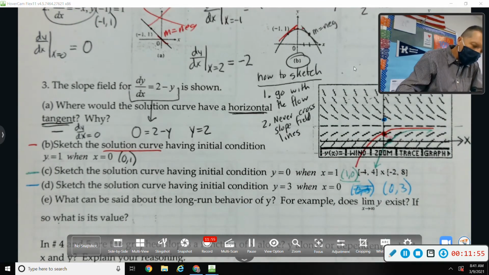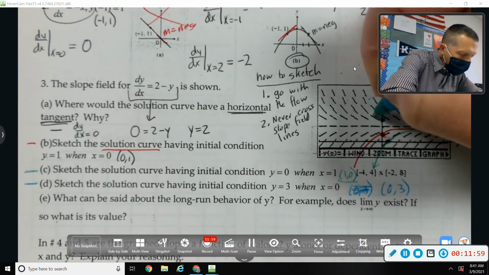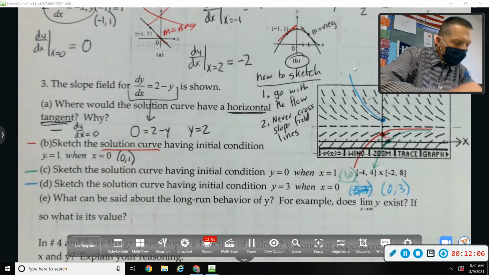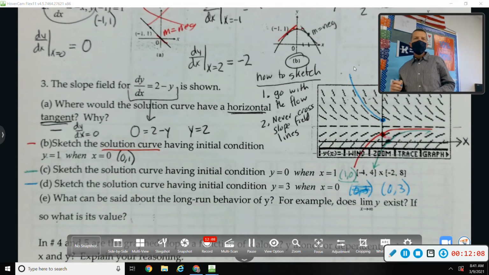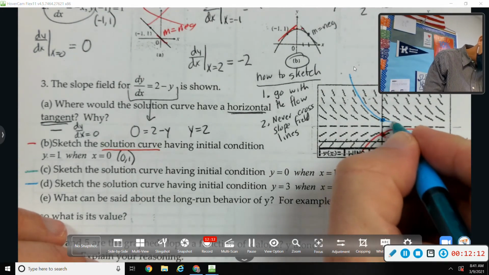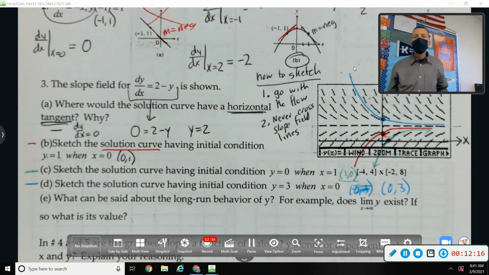This one's got a little more room to follow, so to the left, again, don't cross any lines, just go with the patterns that are there. And to the right, it angles down into that. I guess that thing turns out to be an asymptote because everybody gets closer to it.